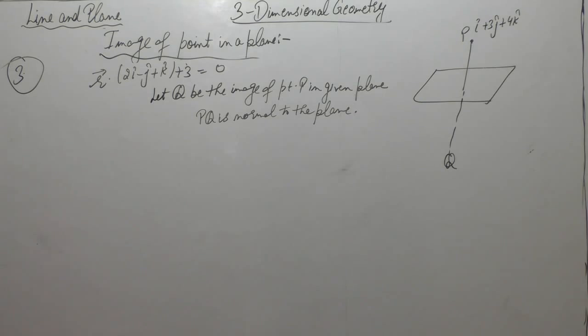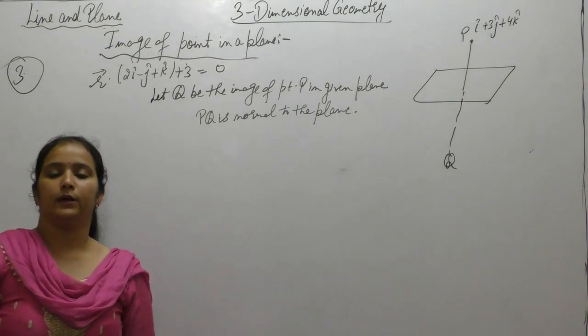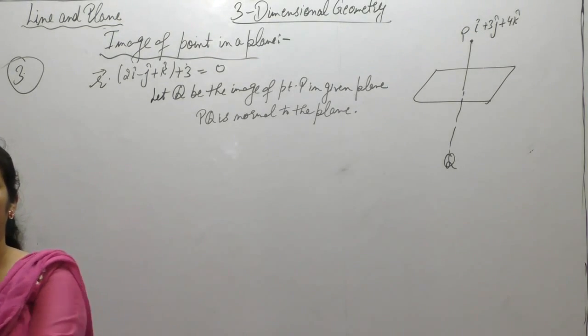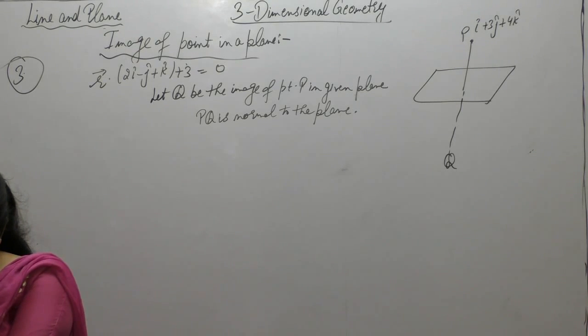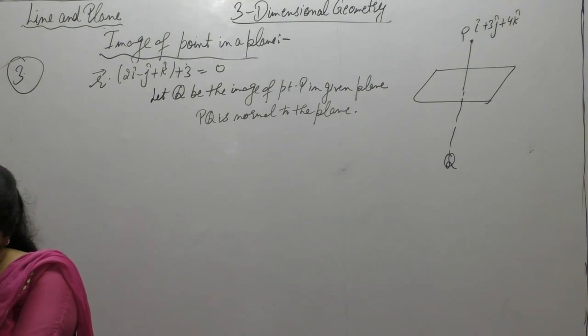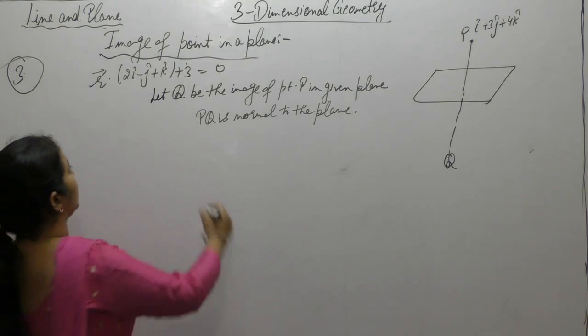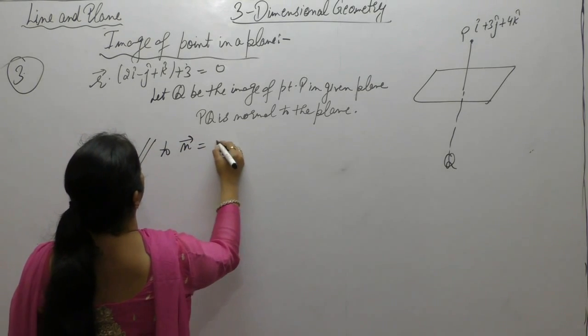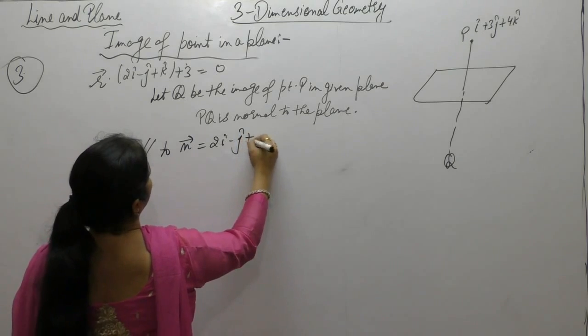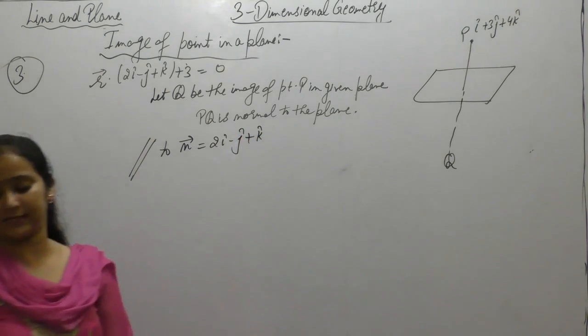So PQ passes through P and is normal to the given plane. So it is parallel to the normal vector. PQ is parallel to normal vector 2i minus j plus k cap.